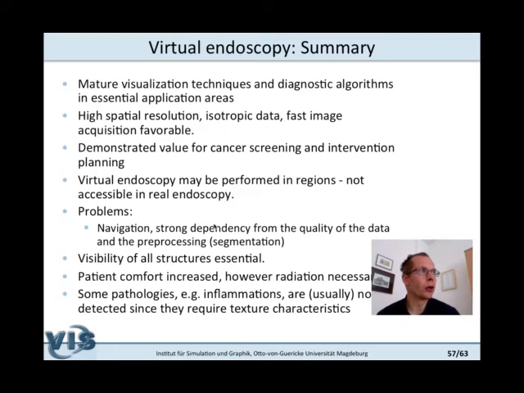If the virtual endoscopy is carried out in order to train an endoscopic intervention, then of course that's not so useful, because in the end I can train something with my virtual endoscope that I cannot later realize with my real endoscope. Navigation is not easy, and we have a certain dependency on the quality of the data.